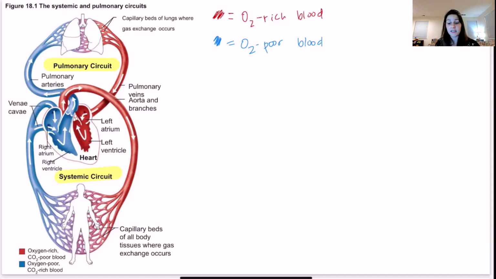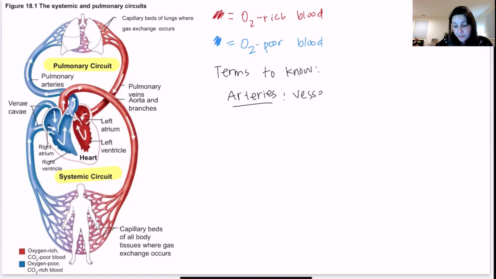The other thing is that we need to know some definitions just for easier, okay? So some key terms to know. So arteries, those are vessels that leave the heart.